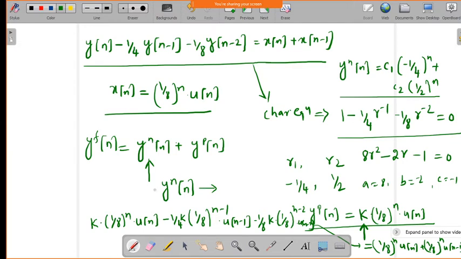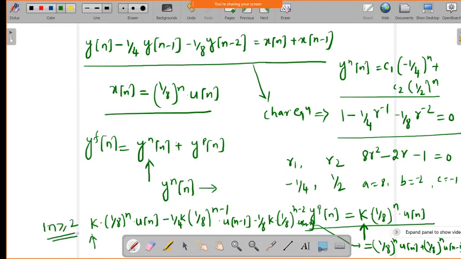Okay, so now in order to find out the value of k, you can observe that u of n starts from n equal to 0, u of n minus 1 starts from n equal to 1, and u of n minus 2 starts from n equal to 2. So in order to find the value of k, this equation is valid only for n greater than or equal to 2.